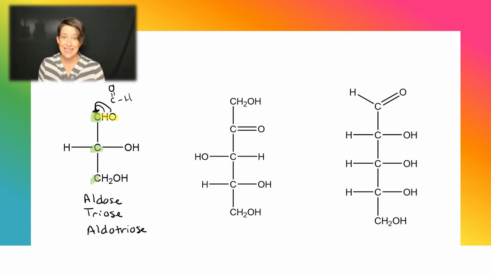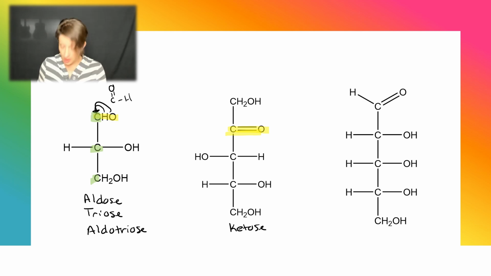Looking at the second structure, our carbonyl is interior. Because it is interior, that means it is a ketone group, or it is a ketone family. Therefore, this would represent a ketose.